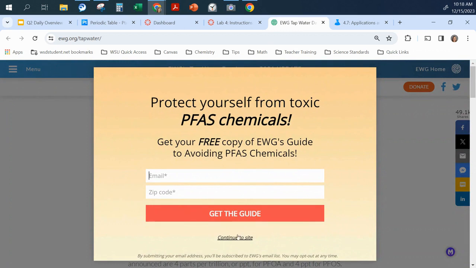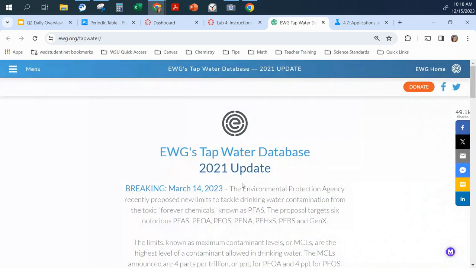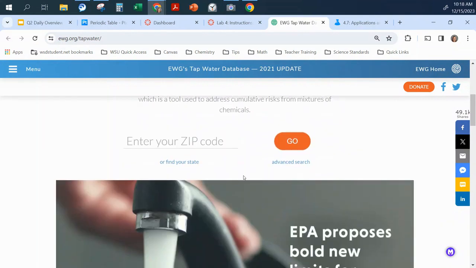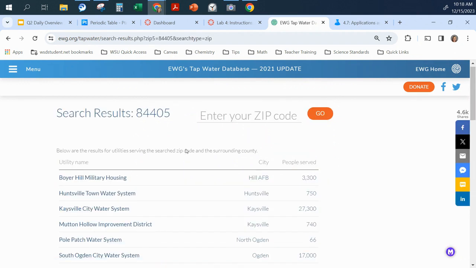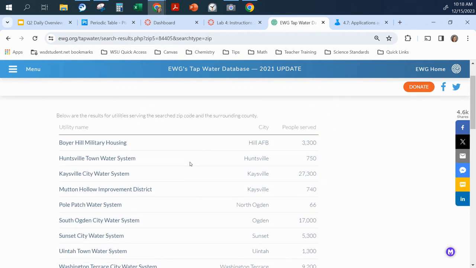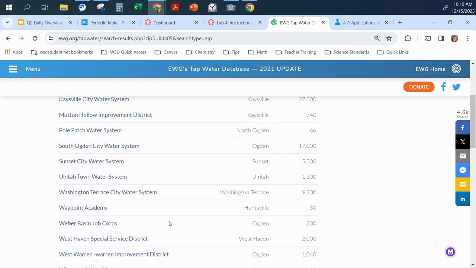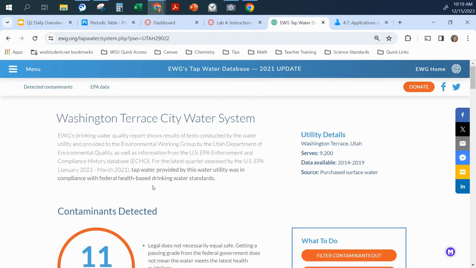This rates how our water quality is. So you're going to put your zip code in, and then find a water supply company. You can click whatever one you want. I'm going to click on this Washington Terrace one because that's where the school is.